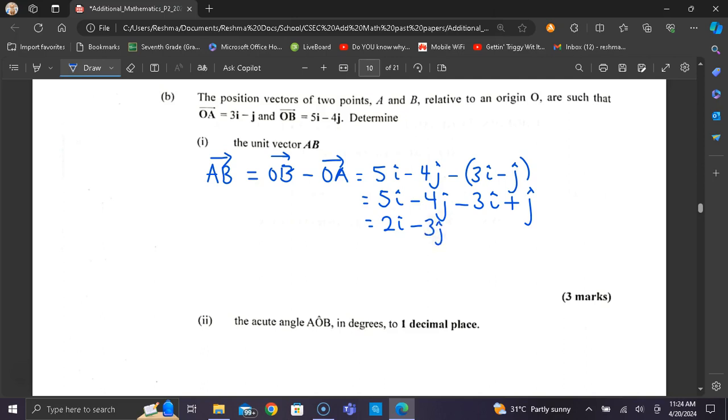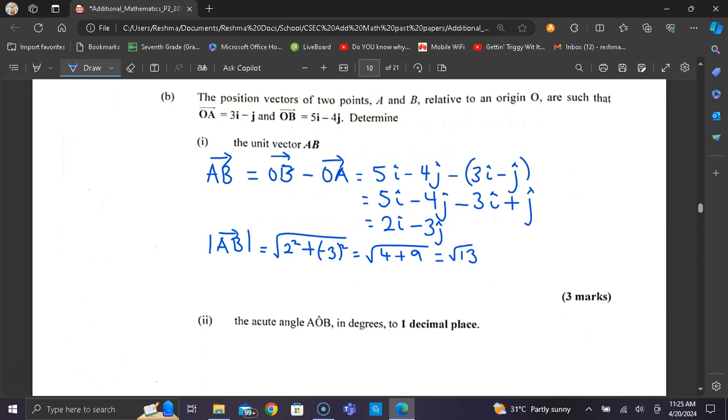Okay, so now that we have vector AB, I can find the magnitude of AB, which will be the square root of 2 squared plus negative 3 squared. So that will be the square root of 4 plus 9, which is root 13.